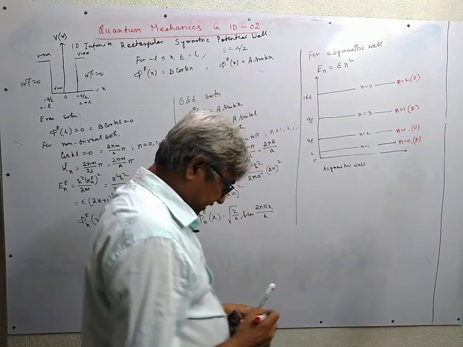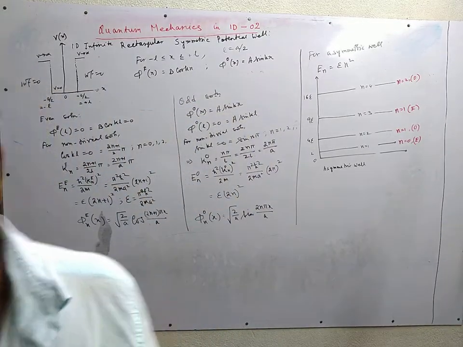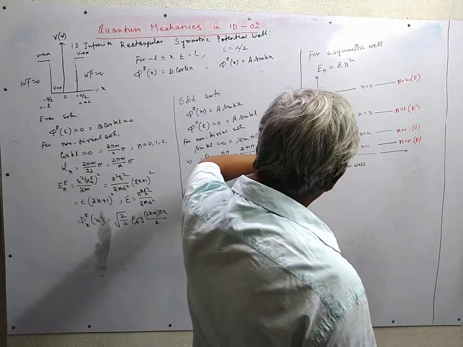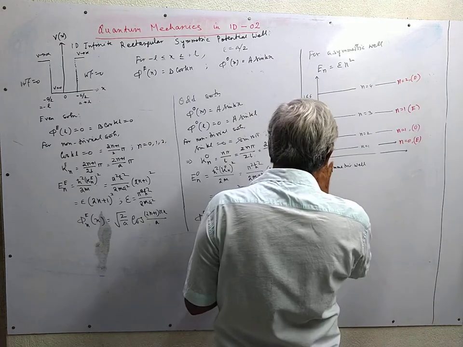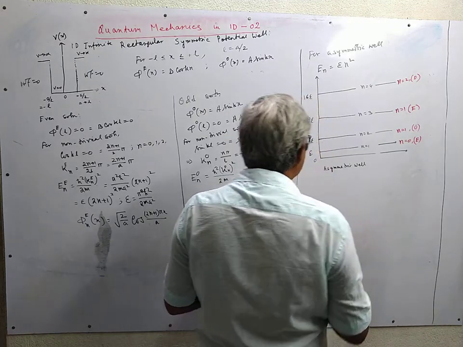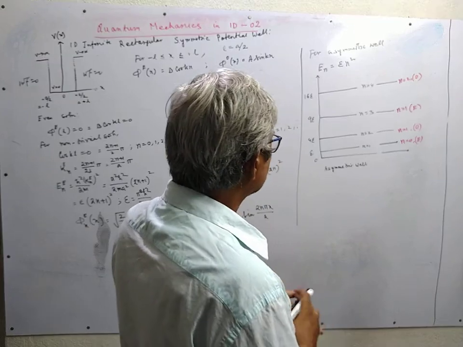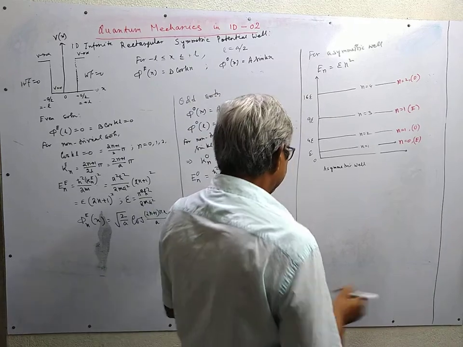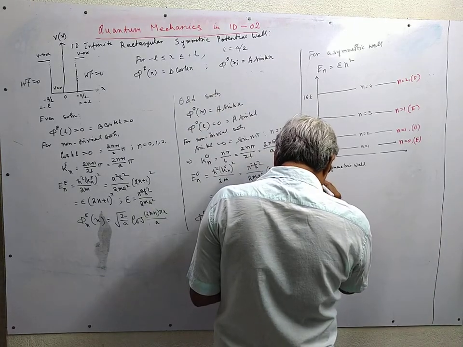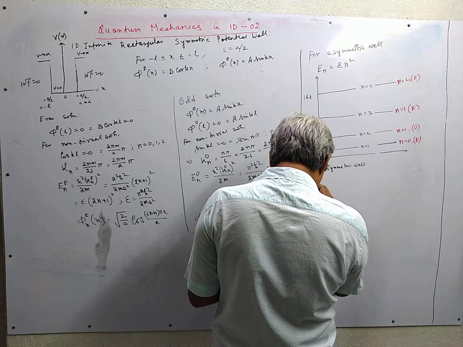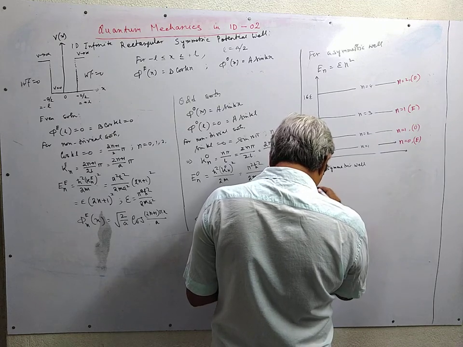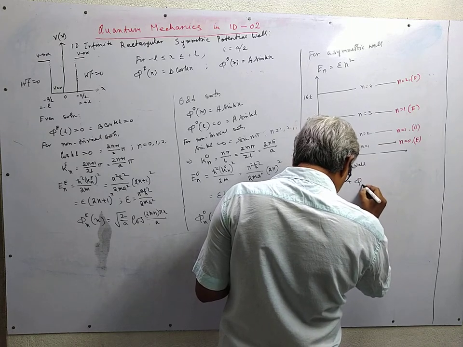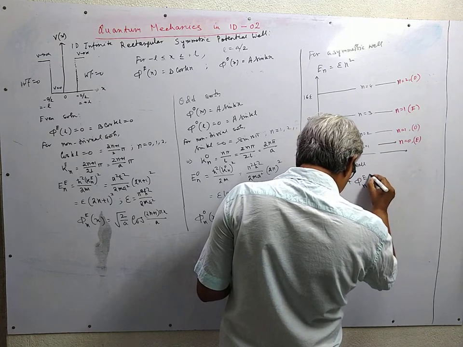So the conclusion is that the energy levels of an infinite potential well come alternatively from even and odd states. The ground state corresponds to an even state. What does it mean by even state? The property of even state is that phi even n of minus x is equal to plus phi even n of x.